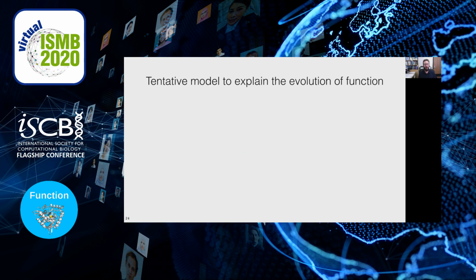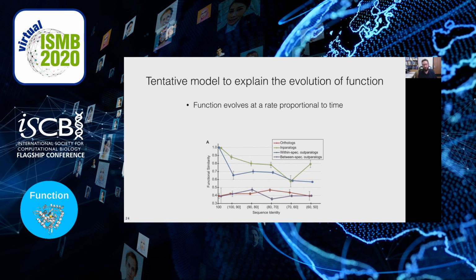So here's a tentative model to explain the evolution of function, a model that we can think about as we go forward in the talk. The first idea that our data suggests is that function evolves at a rate proportional to time. So the rate of function evolution is not proportional to sequence evolution, but to time. That idea explains 2 important patterns that we observed in our data. One is that orthologs are flat.